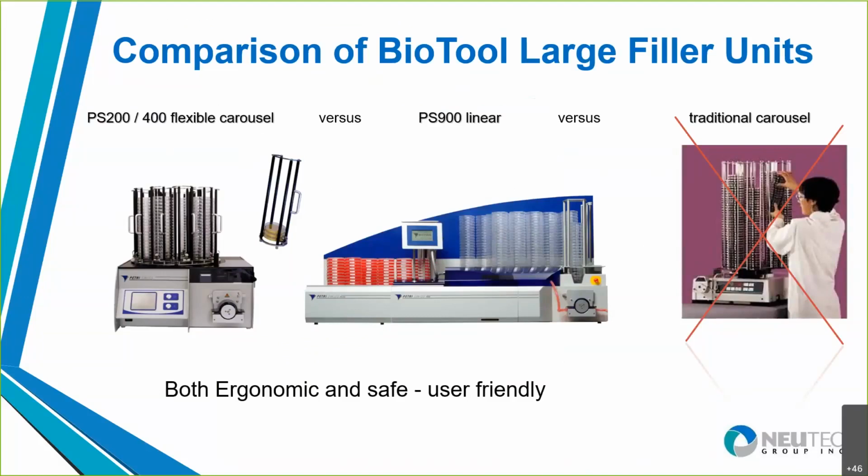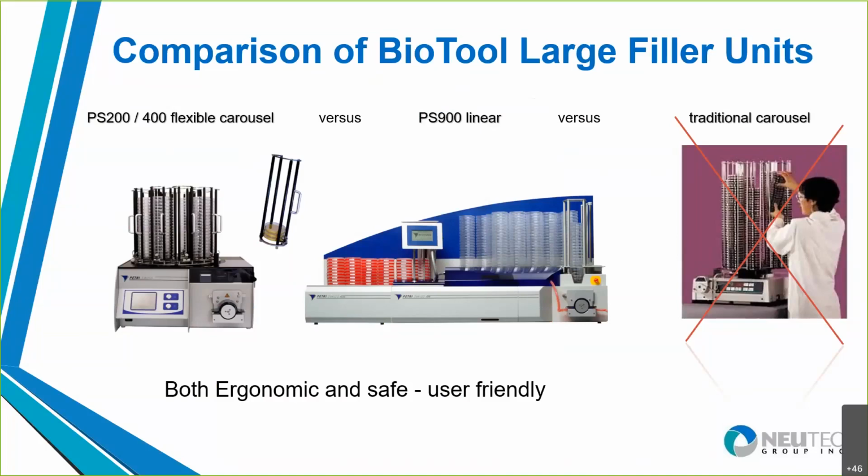Both these systems, in comparison to older systems, are designed to be ergonomic and safe. There's no removing of racks, trying to get them out of the individual slots while the carousel's running. You just take that entire rack out so that you're not putting yourself in any kind of danger. They're set up so that they don't require you to be really tall to work, or to use a stool.